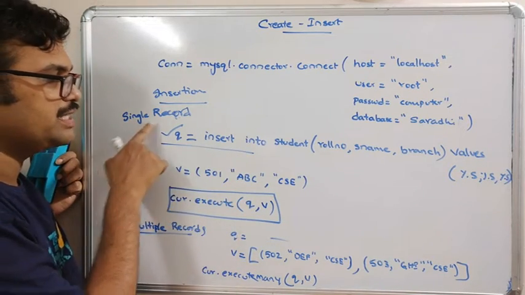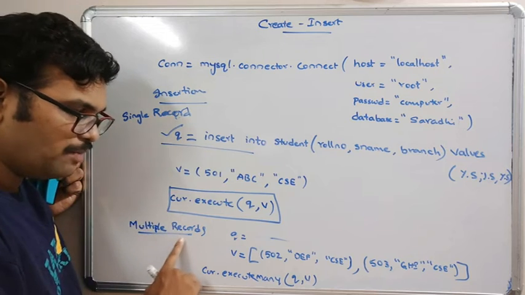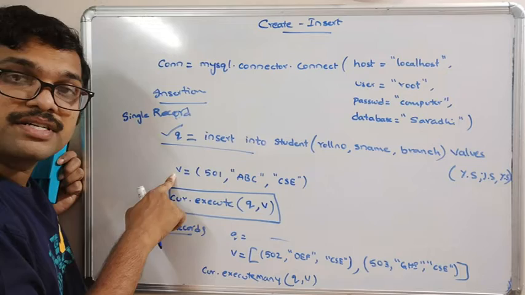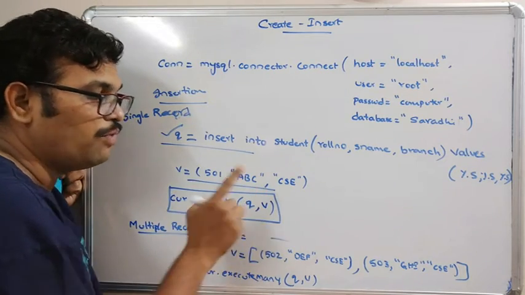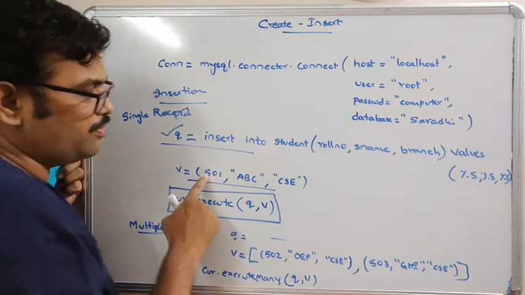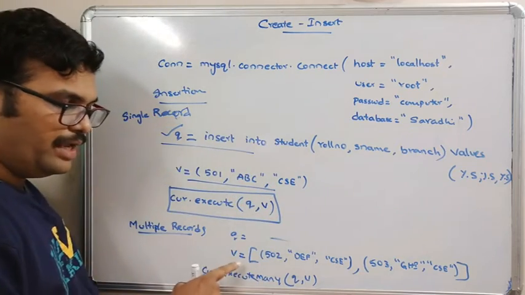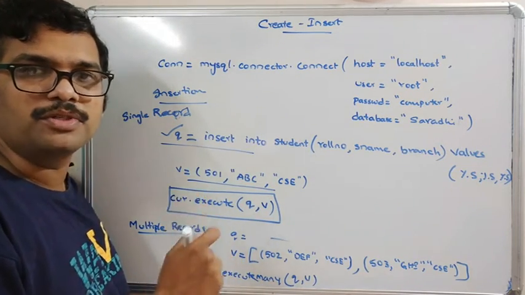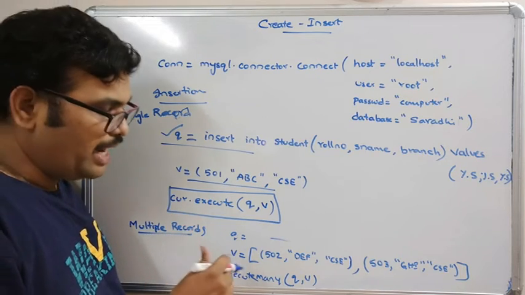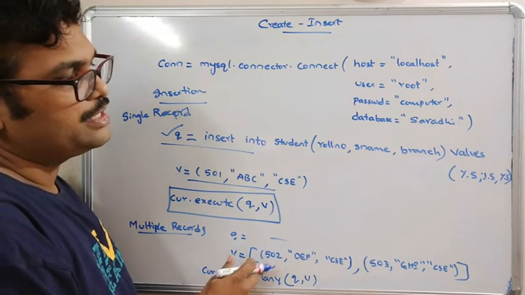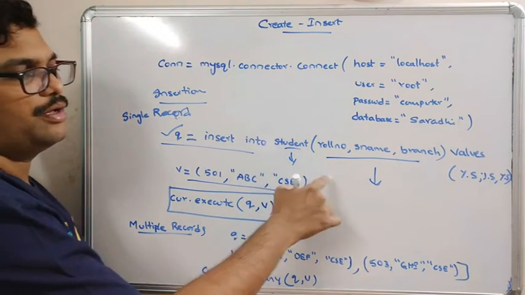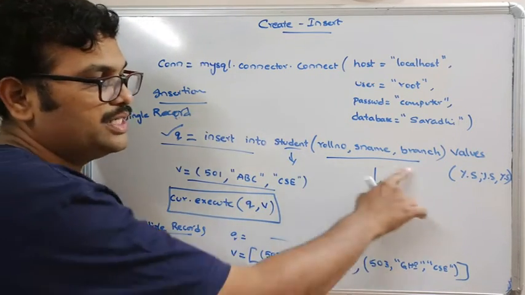If you are inserting a single record or multiple records at a time, the query is the same, but the value will be different. Here we are giving only one record, so only in the form of a tuple, and here we are giving multiple records in the form of a list of tuples. This will be directly inserted into this table, on these columns.